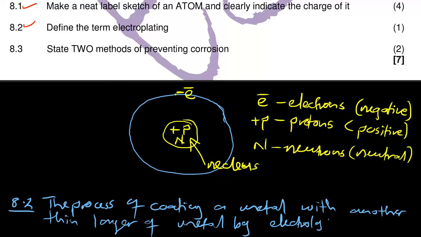Remember, there was a part where I looked at electrolysis. Electroplating uses the method of electrolysis, and in that you are coating a metal with a thin layer, not a thick one, of another metal, and it's just one mark. So if you just say the process of coating a metal with another thin layer of metal, it is fine. And then state two methods of prevention of corrosion.